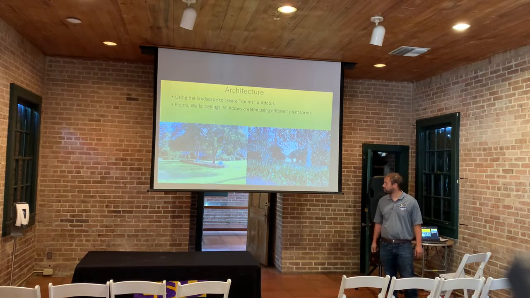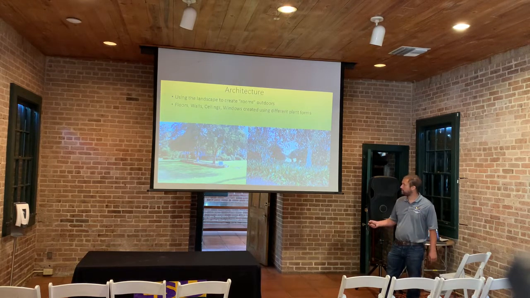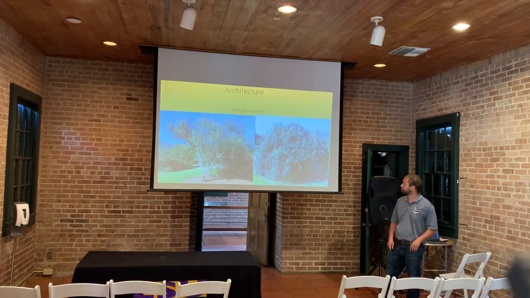These are single stemmed for the most part, and that creates these walls. And then the space between is windows that you can look through. Similarly, we've got magnolias right here that have that big wall, and it hangs over and creates a ceiling as well. So we're thinking about how different tree forms, different plant forms, create this living, breathing room.